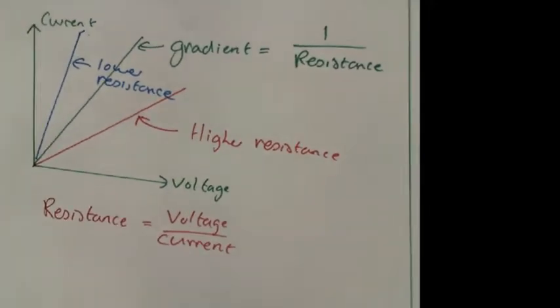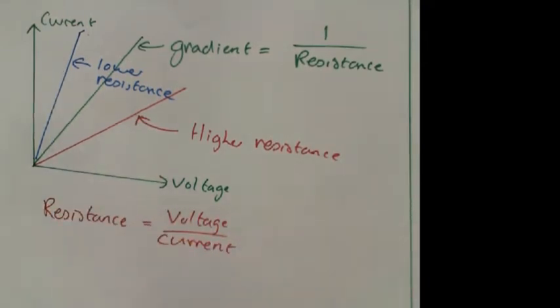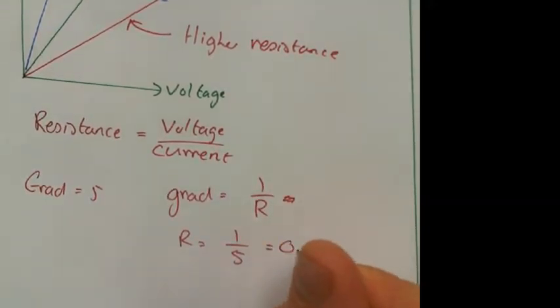Actually, let's add some numbers to that, just to make sure that everyone's happy that this one's got a higher resistance than this one. Let's say this first gradient, the red one, is 5, so grad equals 5. And we know that gradient equals 1 over R, so R equals 1 divided by 5, which is 0.2 ohms.